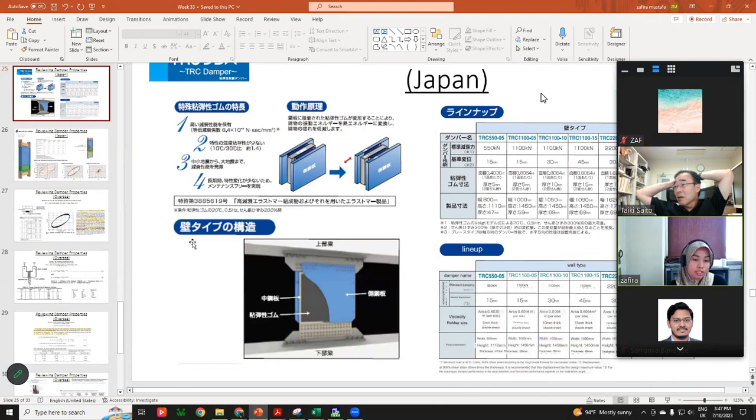I have one question, Sensei. If we find the material, do you prefer to use the damper from Japan, or do you want me to use the properties from the Crystal Plus data? Do you prefer me to choose from the Japan catalog, or we can just use the Crystal Plus data?